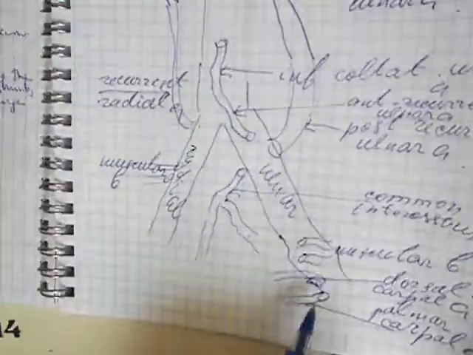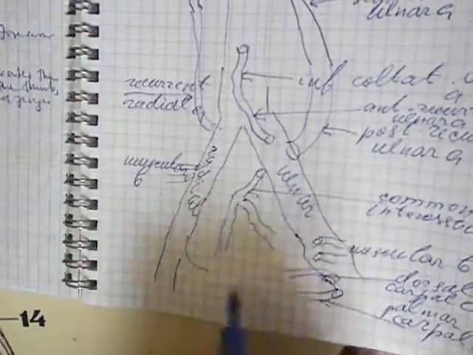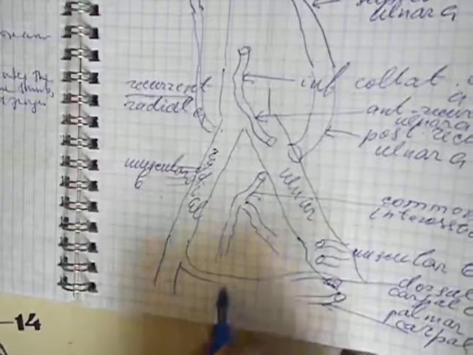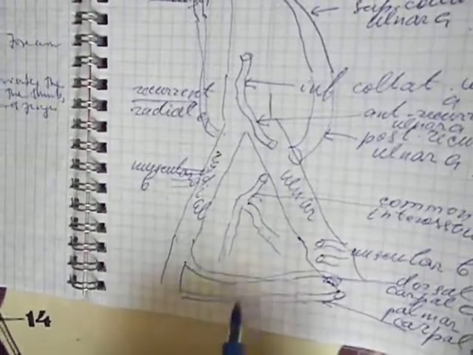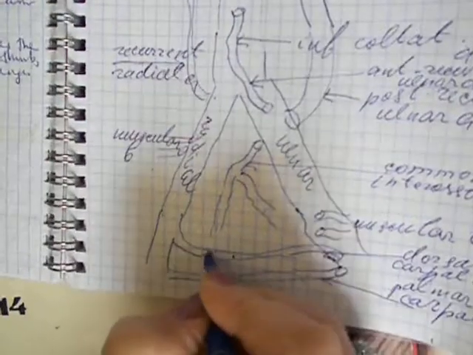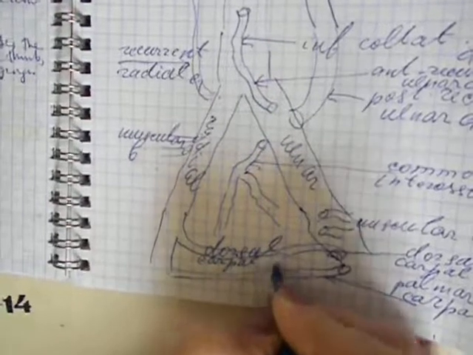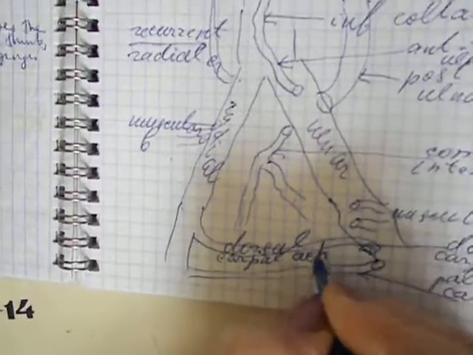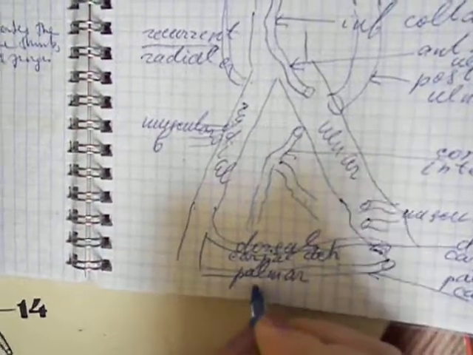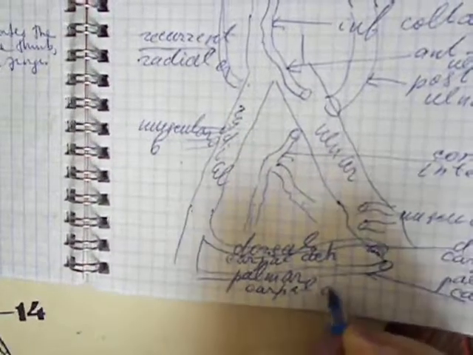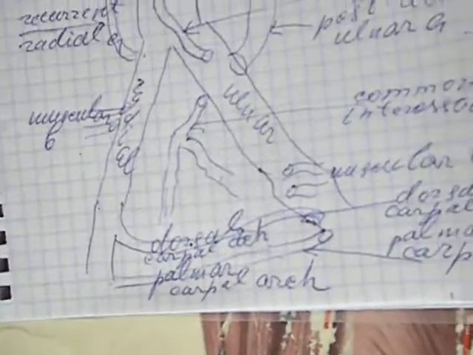Near the radiocarpal joint, it also gives dorsal carpal artery and palmar carpal artery, forming the dorsal carpal arch and palmar carpal arch. You understand.